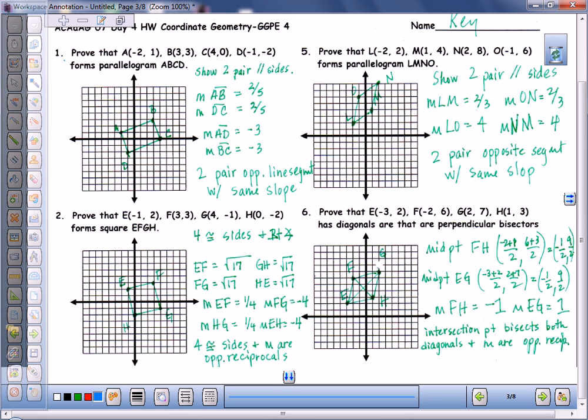So those 2 diagonals are perpendicular bisectors. And that's the way you show it, midpoint and slope. Any questions about number 6?